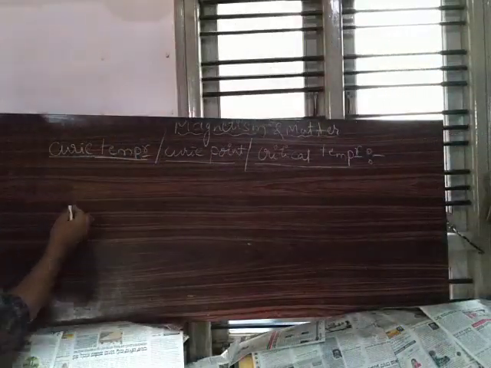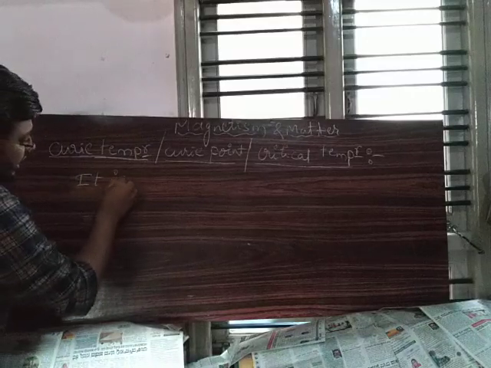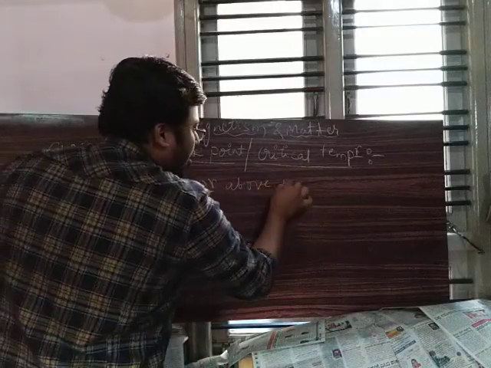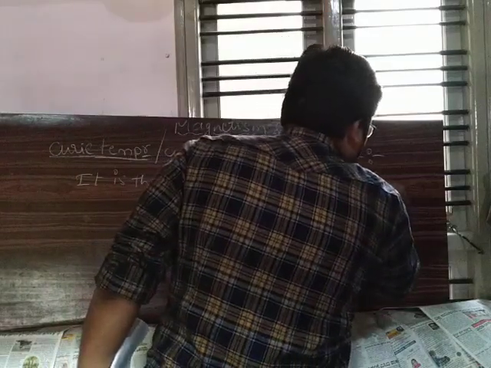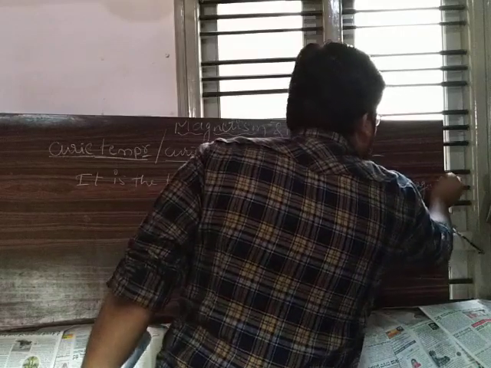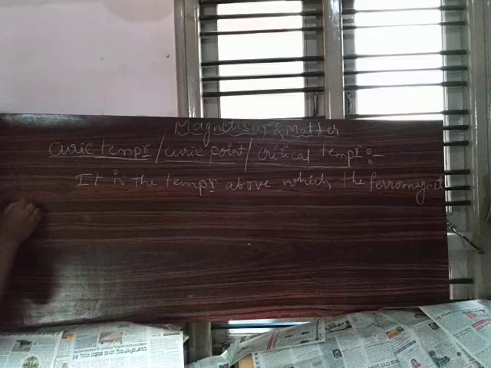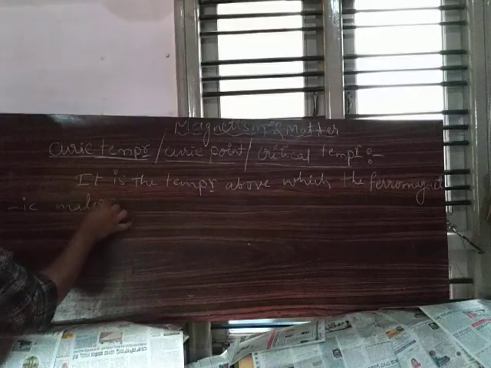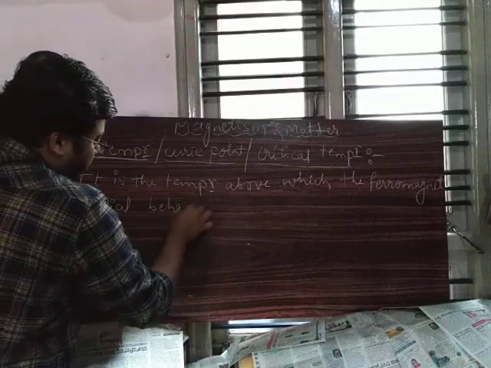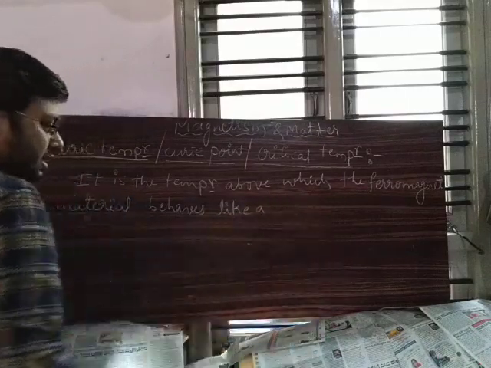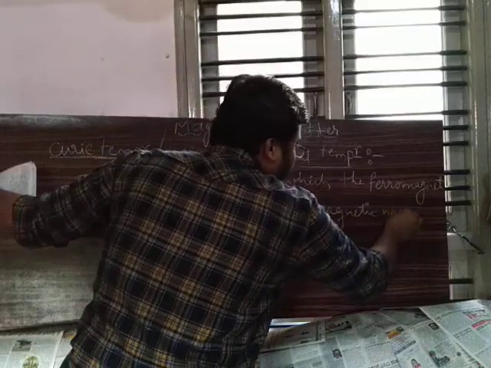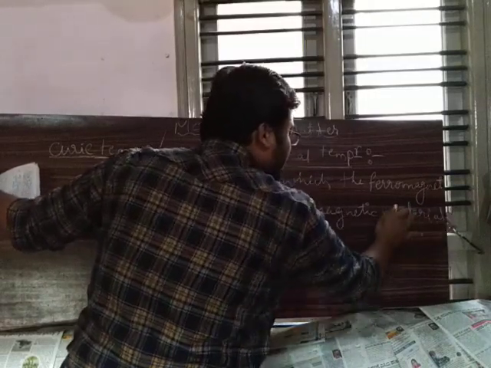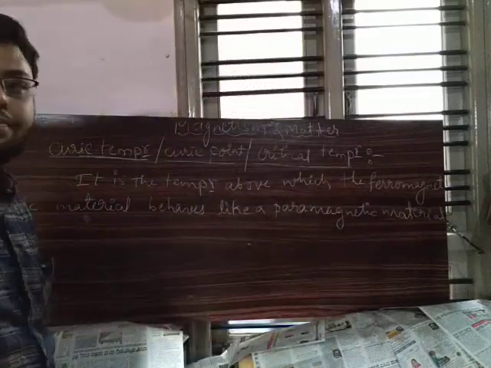Okay, so Curie temperature means it is the temperature above which the ferromagnetic material behaves like a paramagnetic material. Is it clear?